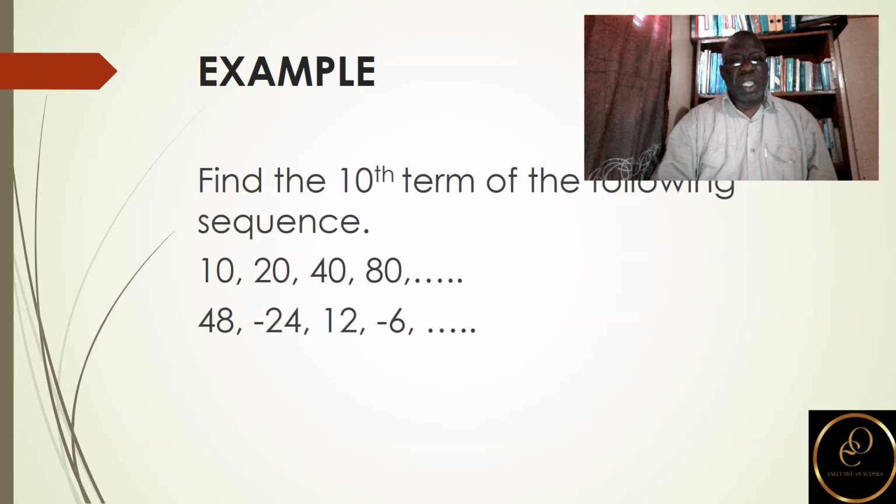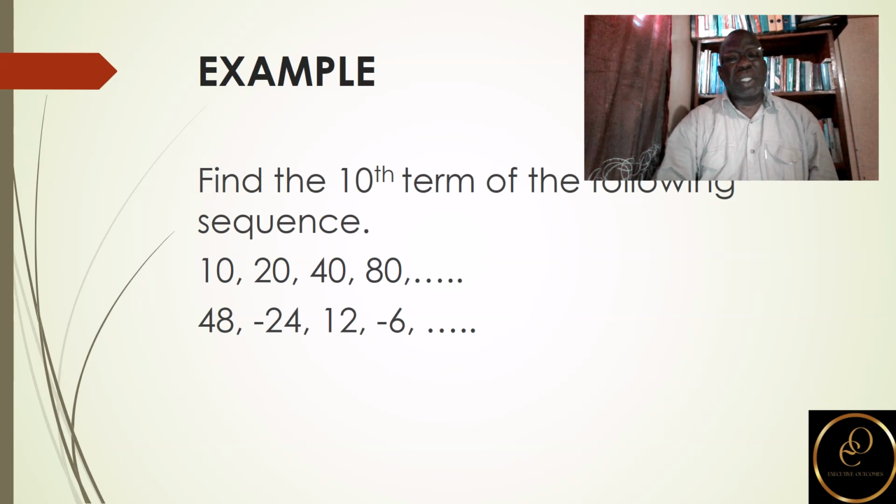Let's see. If you look at 10 and 20, when you subtract 10 from 20 you get 10. Let's move to the next one, 20 and 40. If you subtract 20 from 40 you get 20.